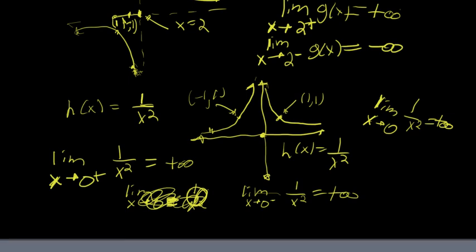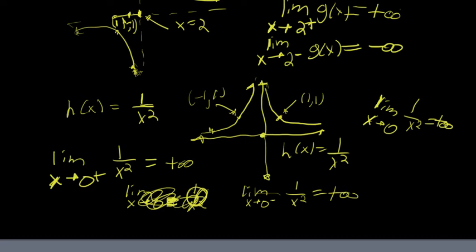In this case of 1 over x squared, depending on who you ask, some might say the limit does not exist. Some may say the limit is positive infinity. Because let's say we wanted to find the value of h of x, 1 over x squared, when x equals 0.0001.